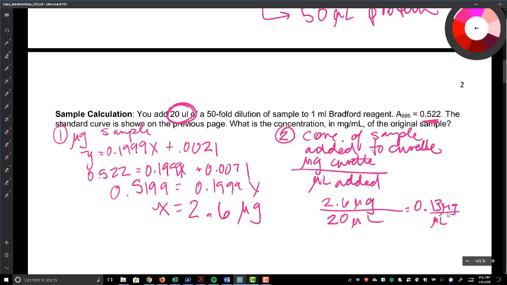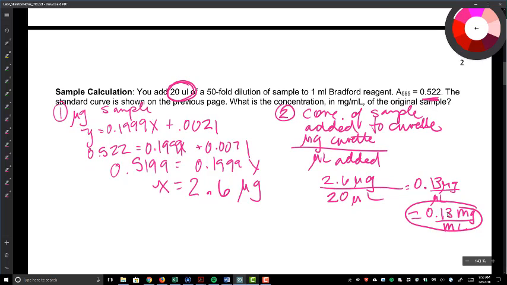And if we were to convert microliters to milliliters and micrograms to milligrams, you would see that the top and the bottom cancel out, and you get 0.13 mgs per mil. Okay, that's the sample of our diluted guy.